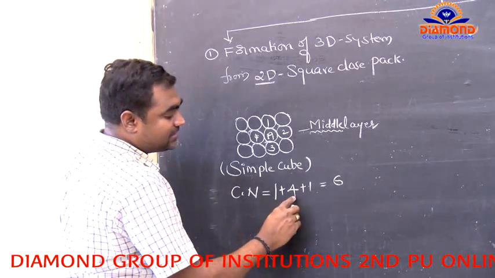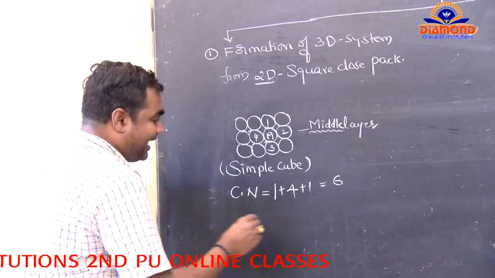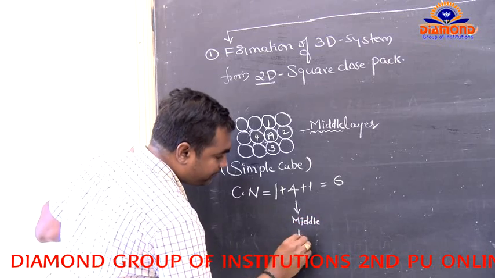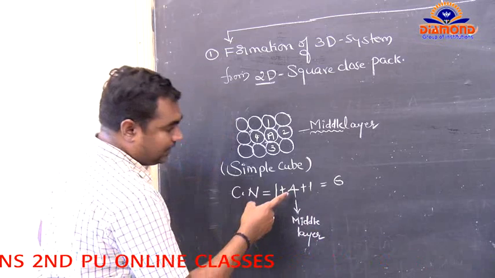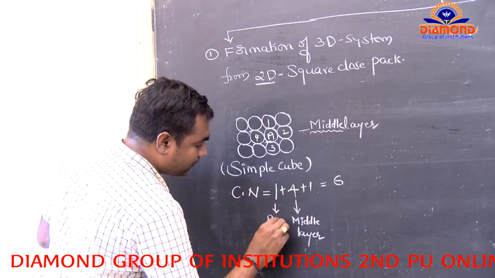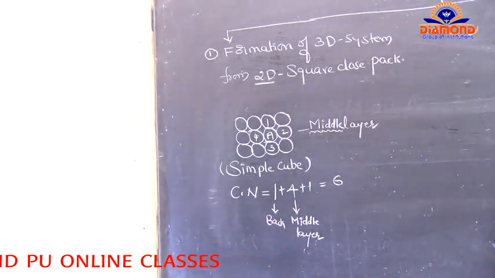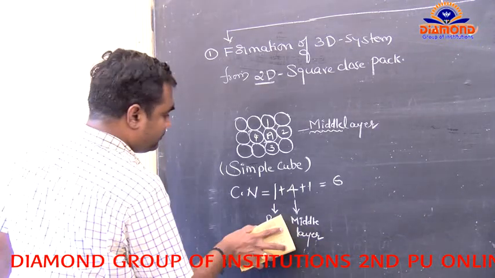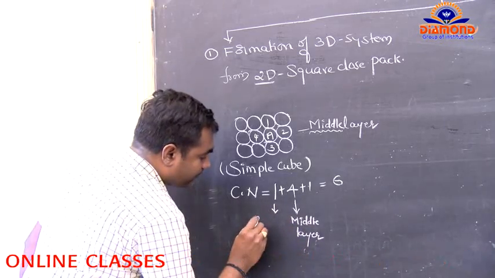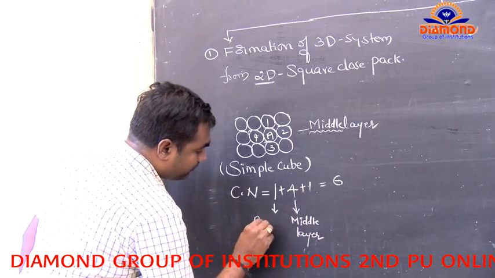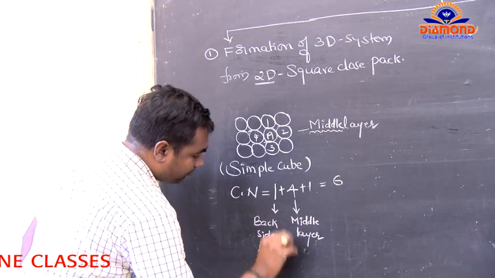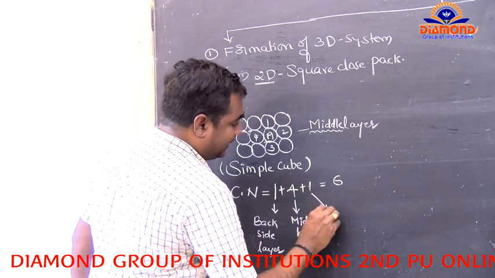So 1 plus 4 plus 1. These four are present in the middle layer, and this one is present in the upper layer.